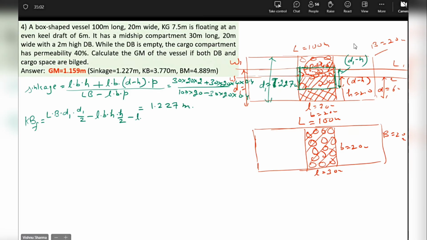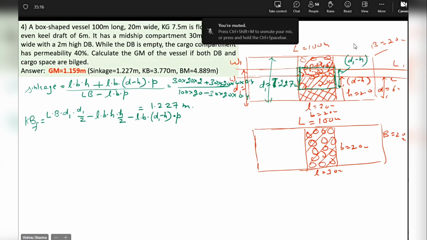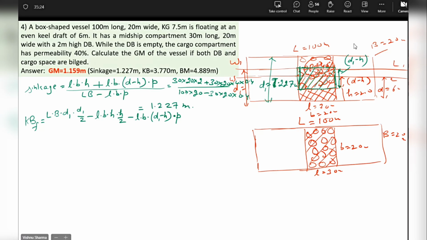Volume is LB D1 minus H into permeability. This is the volume bound by the green box. Yes or no, guys? LB into D1 minus H into P is the volume bound by the green box. This is the volume which is under the water in the way of the cargo hold but not contributing to buoyancy. Right, guys? Yes or no?